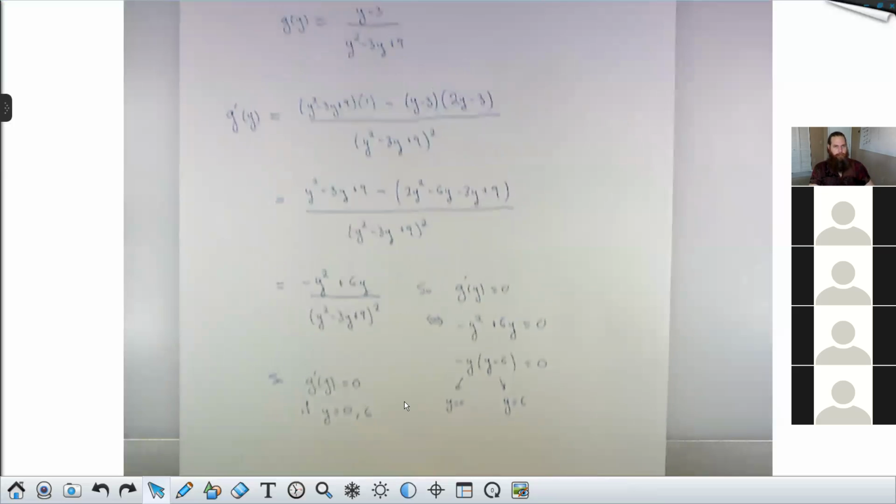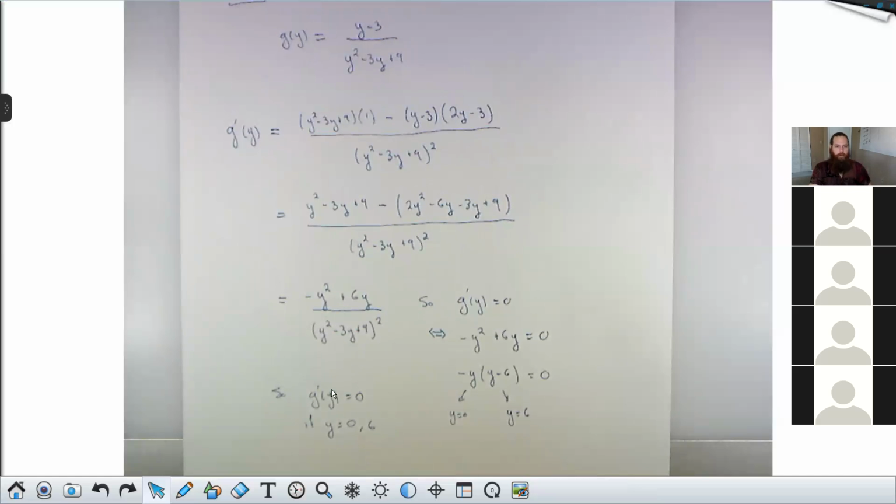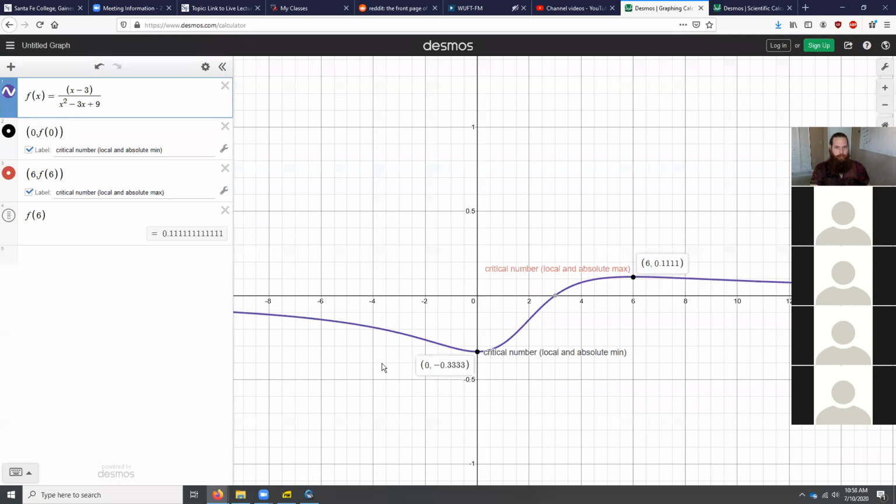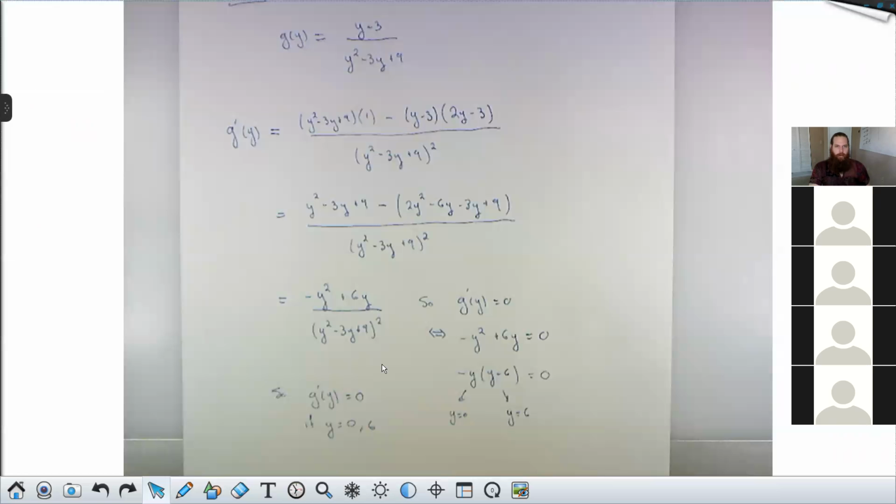Okay. Any other questions about how we found these critical numbers or how these critical numbers relate to this graph? All right.